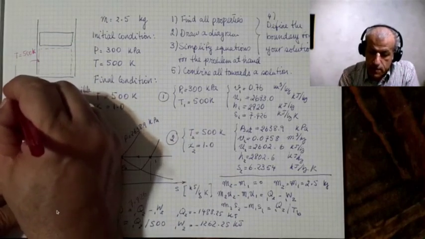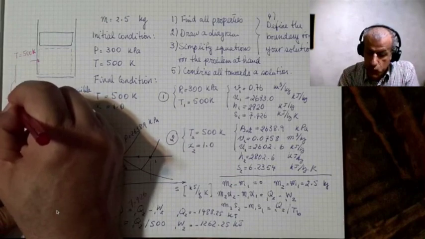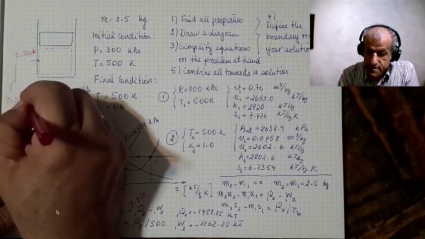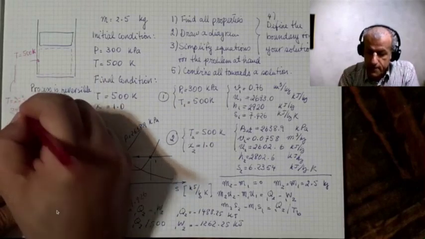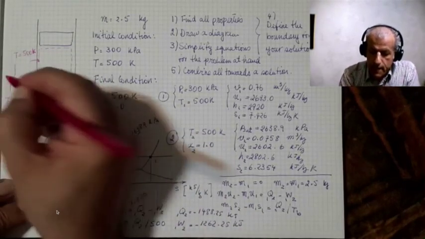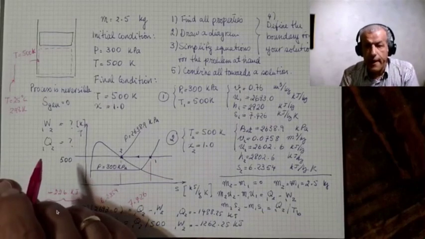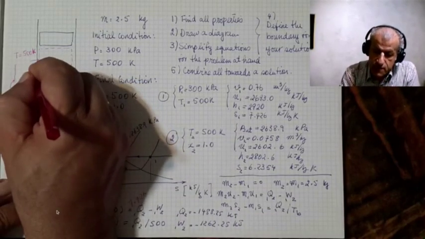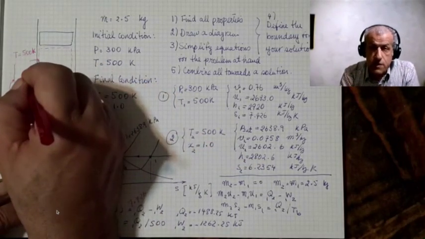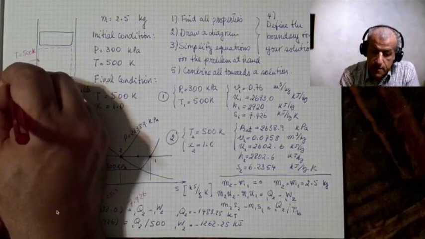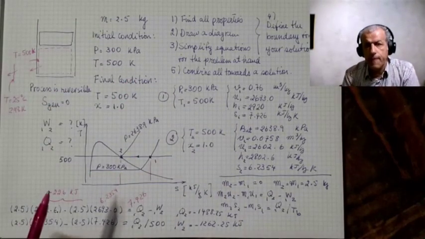There is a surrounding at, say, T equals 25 degrees C or 298 K. Assume that heat is transferred from the cylinder to this surrounding, and then from it to the general outer surrounding.